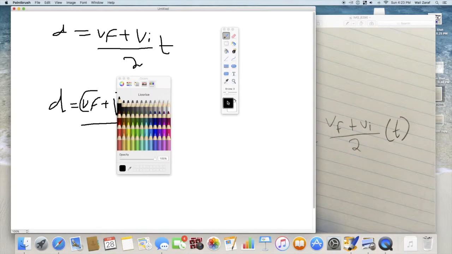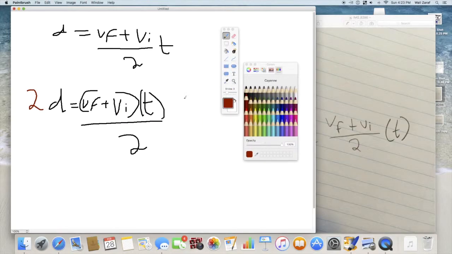So if we times both sides by 2, 2 here, 2 here. The 2 cancel out on the right hand side, and then we're left with d is equal to (Vf plus Vi) t.